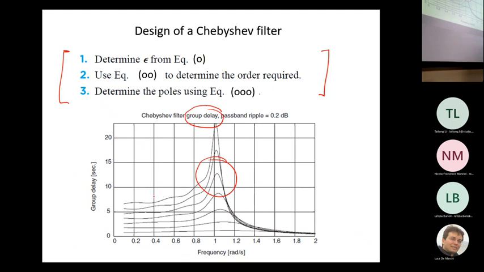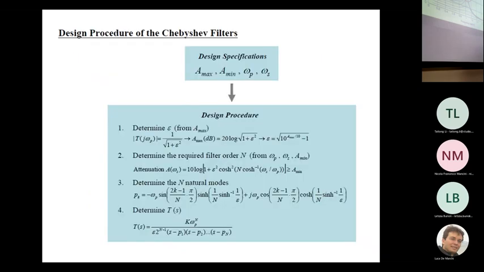This is due to the fact that for a non-distortion action, we should have a flat group delay response, but you see that there are huge oscillations in this case.